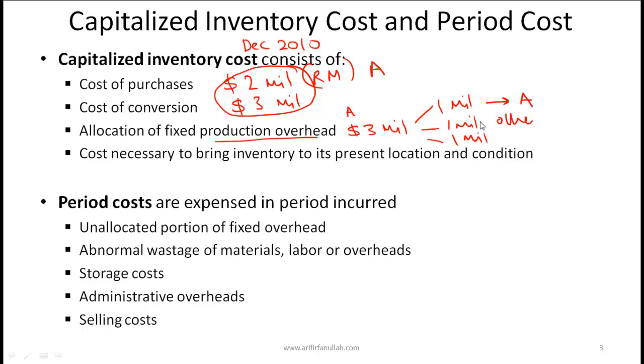So the part that is capitalized is this 1 million that can be clearly allocated to product A.